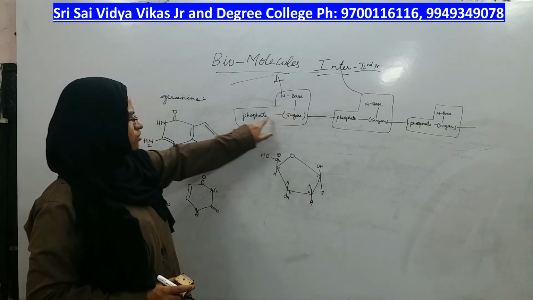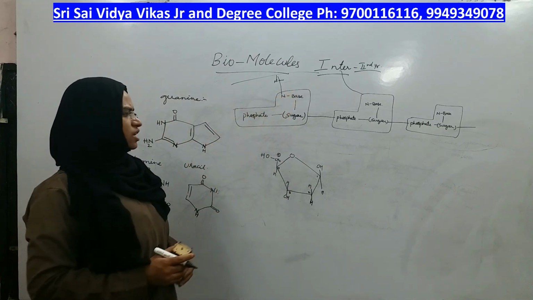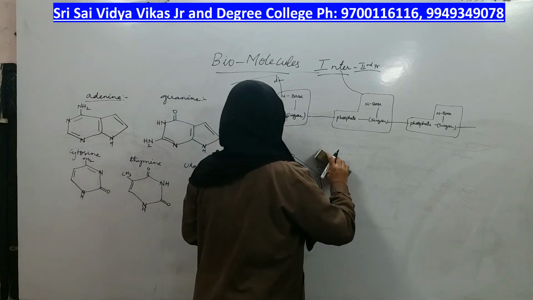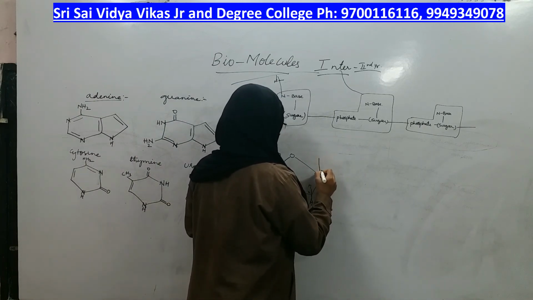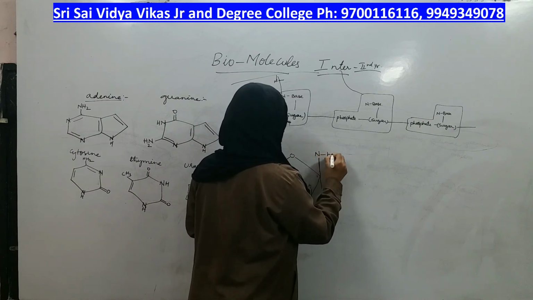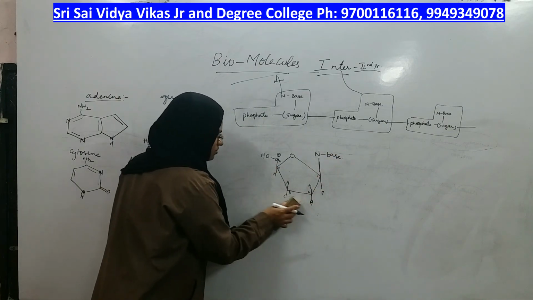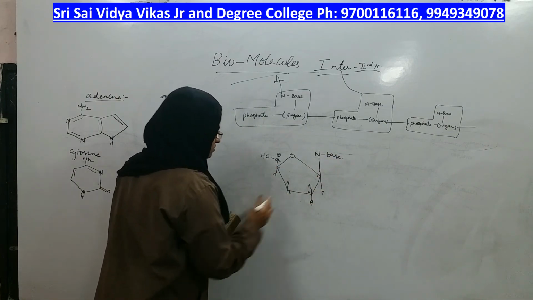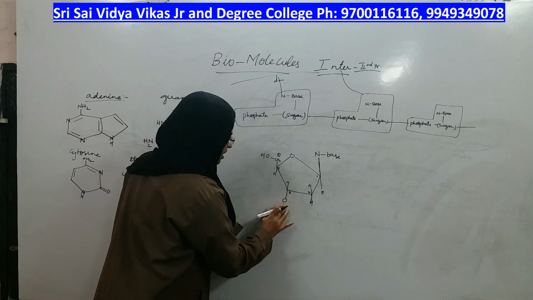Sugar is connected to phosphate from one side and nitrogen base from the other side. From which side is it connected to the nitrogen base? On the first carbon. On the first carbon it is connected to a nitrogen base. On the third carbon OH was there, right?